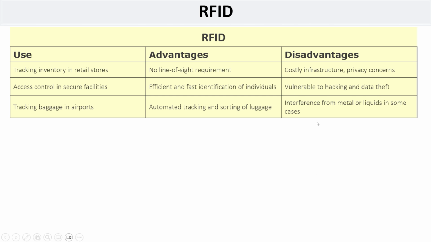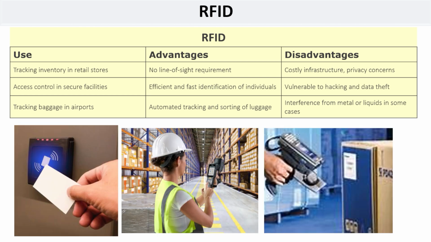And again, they may have some interference from metallic or liquid in some cases. So when there is some metallic interference with the radio waves, it may affect the way the reading is done. So again, these are some pictures of RFIDs being used in different ways.